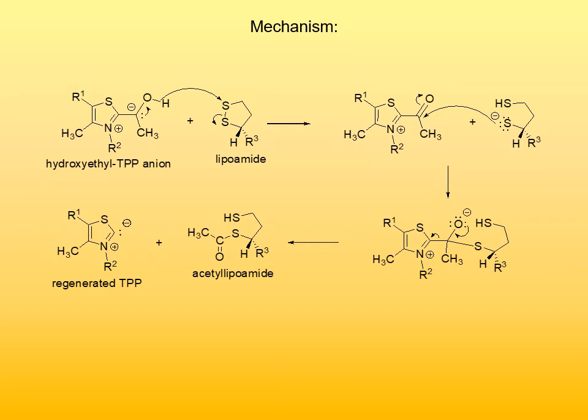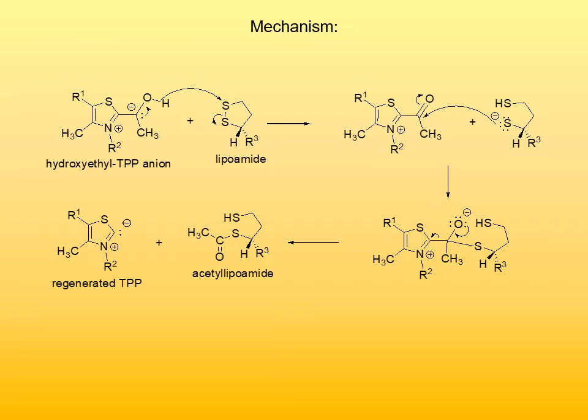The reaction mechanism involves nucleophilic attack of hydroxyethyl TPP anion on the lipoamide disulfide bond. That results in breaking of the disulfide bond and formation of a carbon-sulfur bond between hydroxyethyl TPP anion and the sulfur of lipoamide.